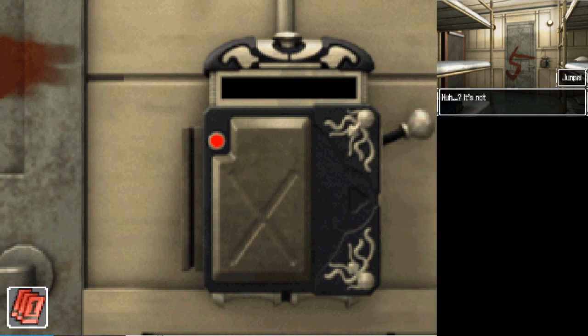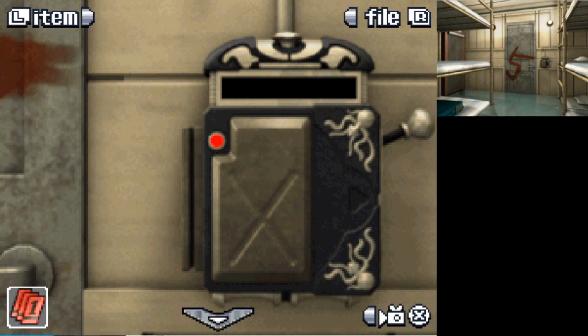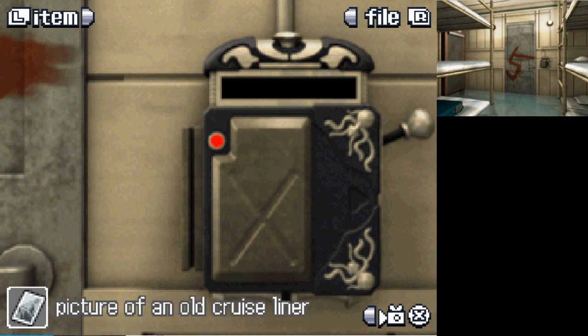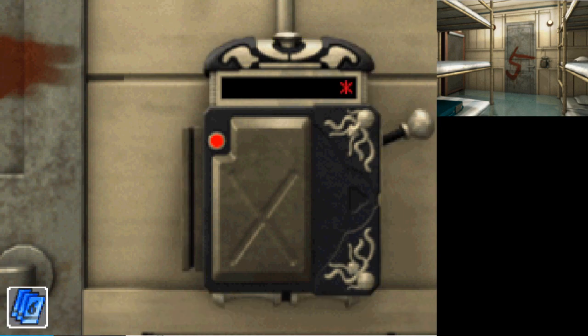Not working. Why? Damn it. No, no, that's right. I still have cards I haven't used. Damn it! Again. Find more cards in here. Got one of them.